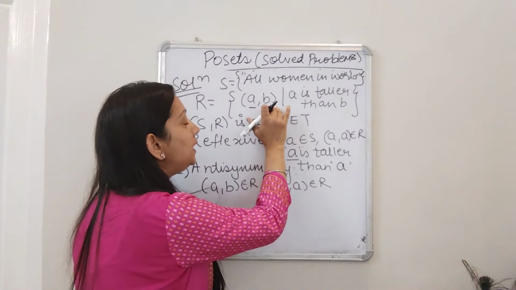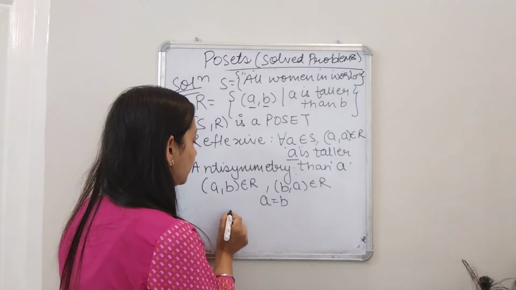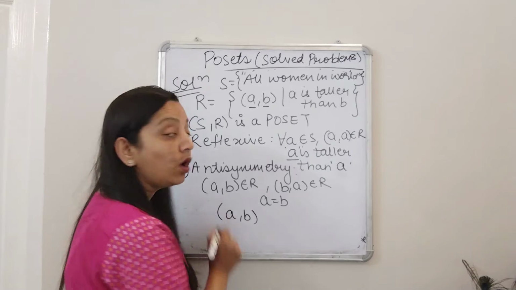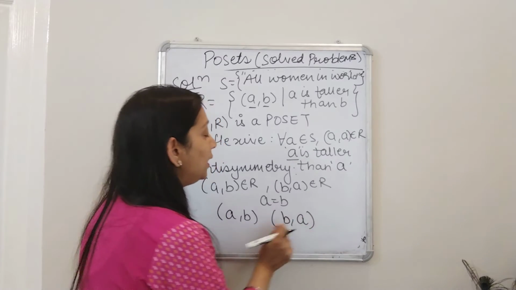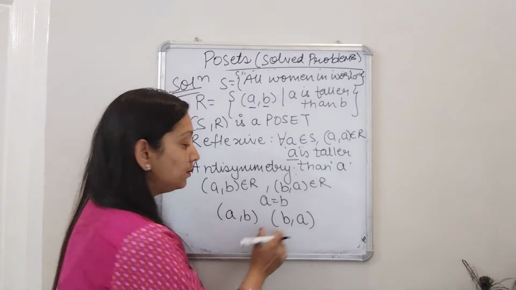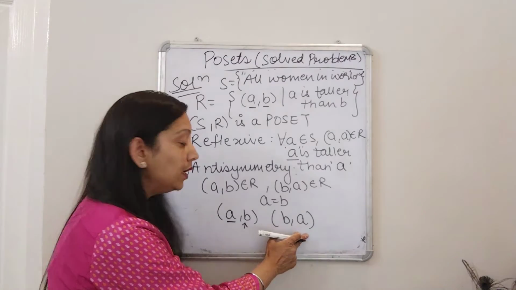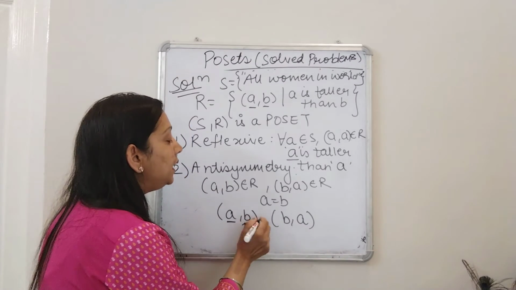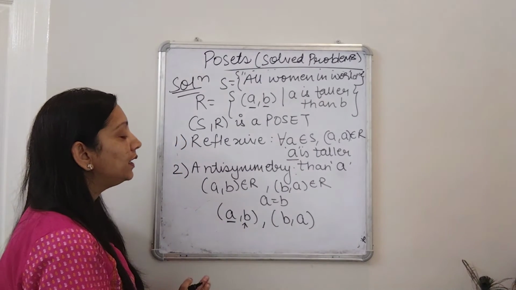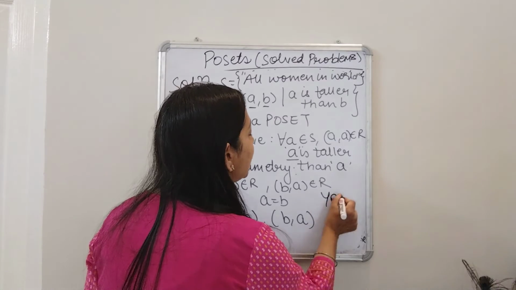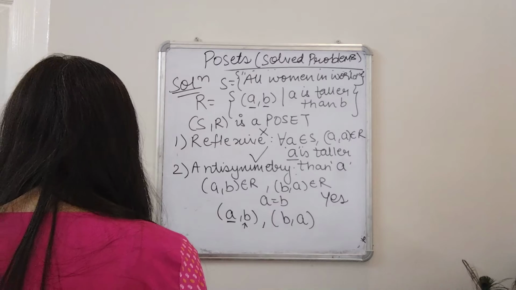Now if AB belongs to this relationship set, then obviously BA cannot exist here, because AB means A is taller than B. So if I write BA, that would mean B is taller than A, which is not possible. If A is taller than B, then B cannot be taller than A. So that means the ordered pairs AB and BA cannot exist together in this relationship. Hence it is satisfying the criteria for antisymmetry. So I can say that it is antisymmetric. It is not reflexive, but it is antisymmetric.